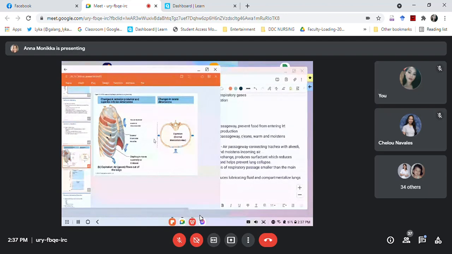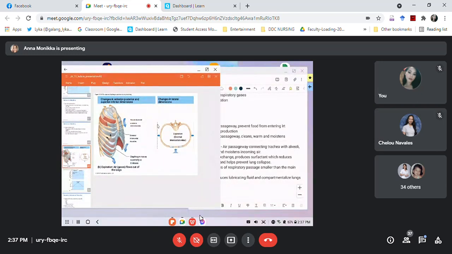So in this figure, during expiration, the inspiratory muscles relax while the diaphragm rises, and the rib cage descends due to recoil of your costal cartilages.